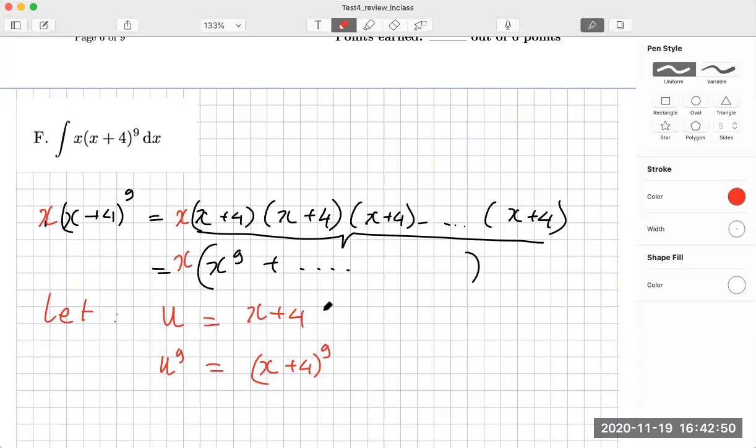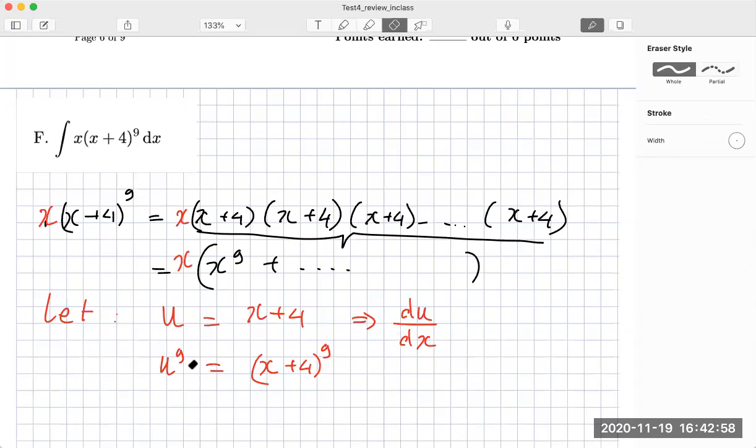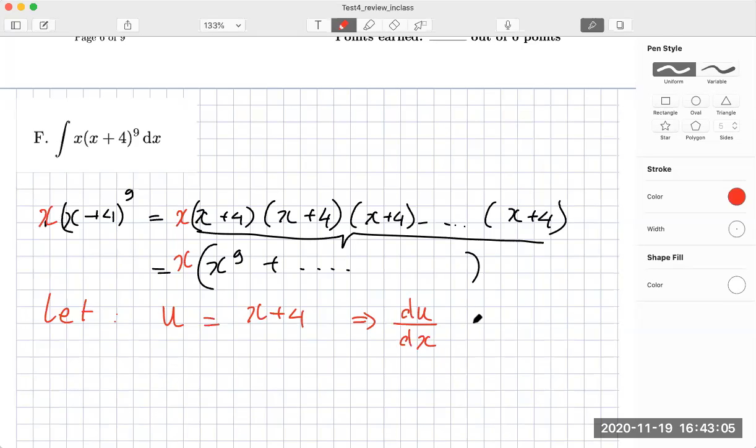But before doing this, we need to find the change in u and in x, right? What is du over dx? We take derivative both sides, right? Okay, du over dx, or it is u prime.